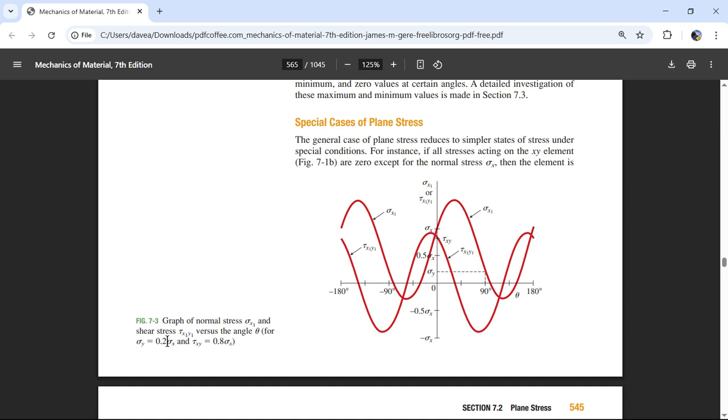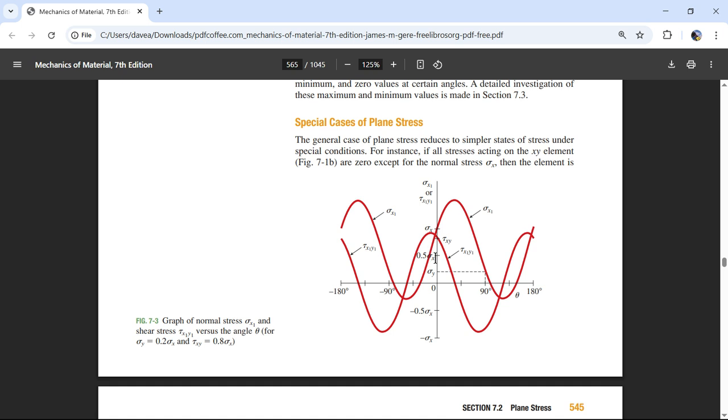That's what you're starting with. And your initial shear stress is 80% of sigma x. So you have all three things, and everything's positive. You have a positive tension in the x direction, positive tension, 20% in the y direction.